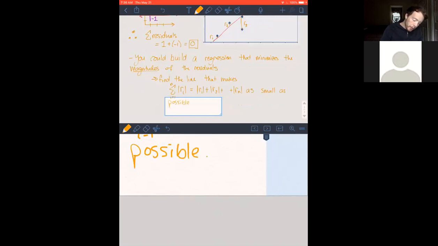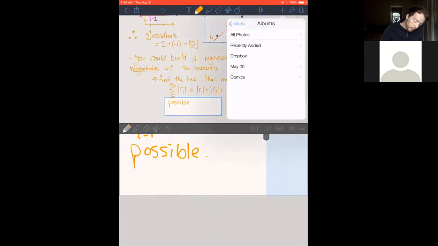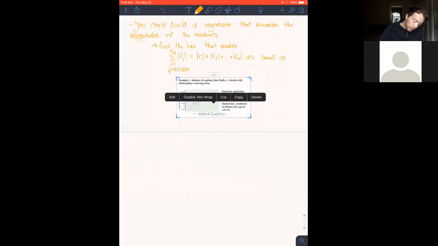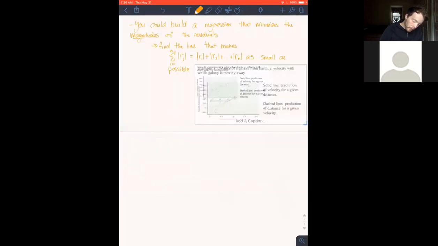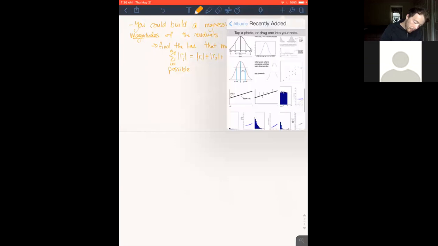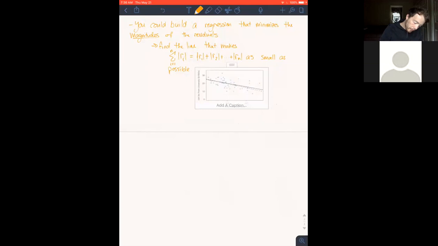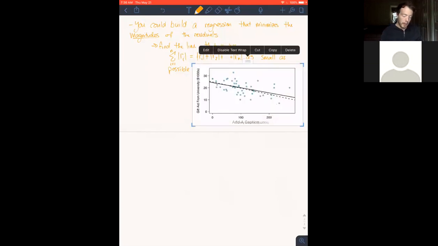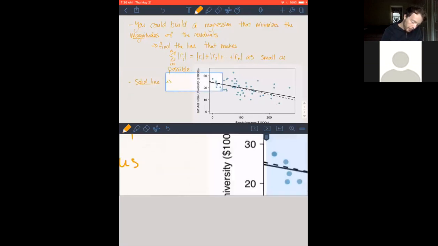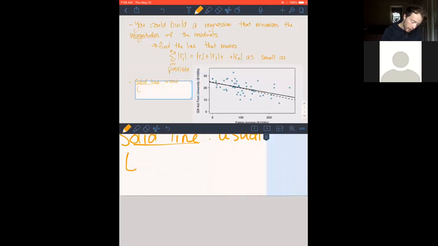And the picture of this actually looks like this. Oh, wrong one, sorry. This one. So this is a scatter plot, and the solid line here is our usual least squared regression line.